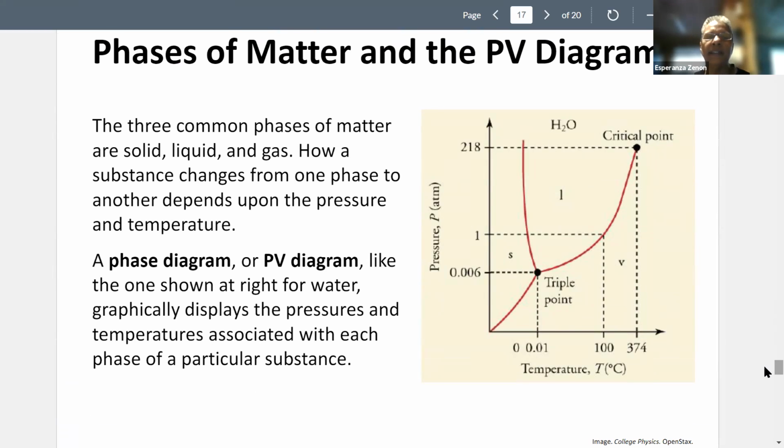I will introduce the phases of matter concept here, because when I talk about heat transfer, especially as it relates to a phase change, you'll need to know something about the phases of matter. The three common phases of matter that we're concerned with are solid, liquid, gas. There are actually others, like plasma as an example, but we don't get into that here. What we'll look at when we talk about heat transfer is what has to happen for a material or matter to change from one phase to the other.